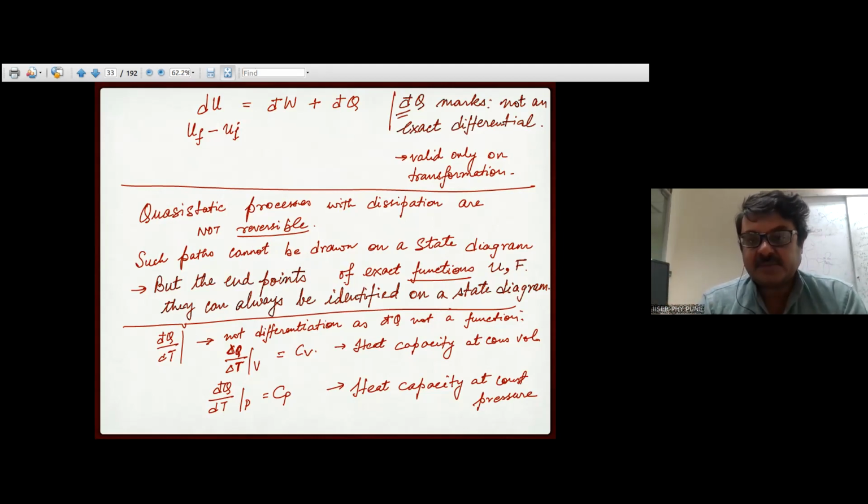But once it reaches equilibrium, and reaches a certain n, p, and V, the endpoints of the exact functions like U, the internal energy, or the Helmholtz free energy, can always be identified on a state diagram because they're properties of the endpoints.